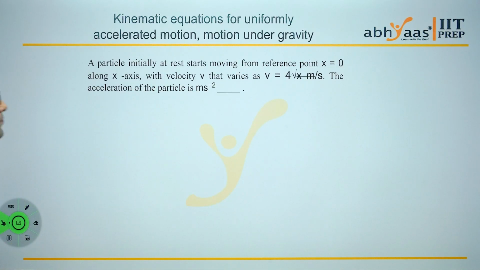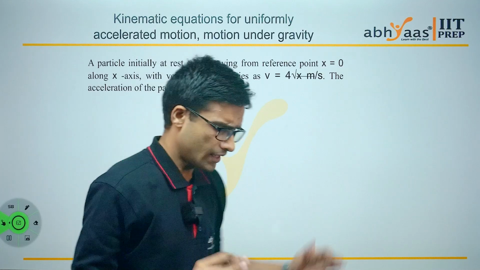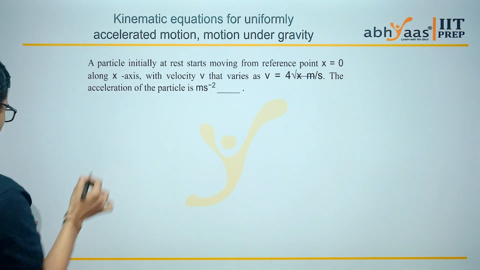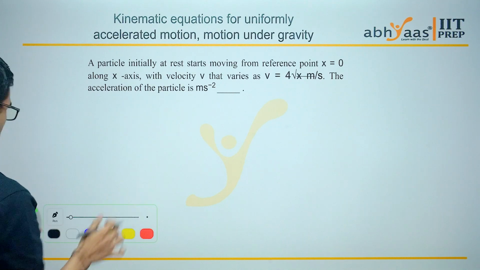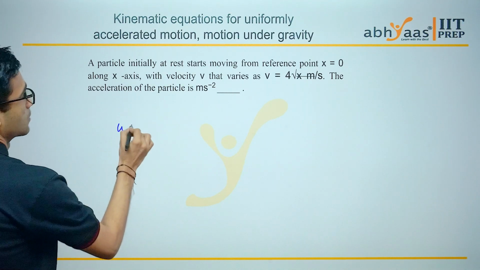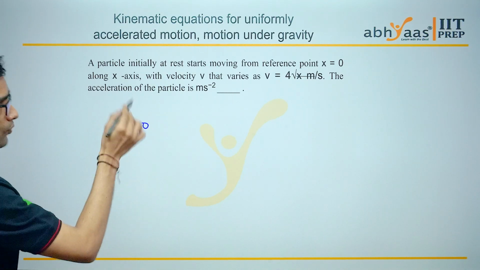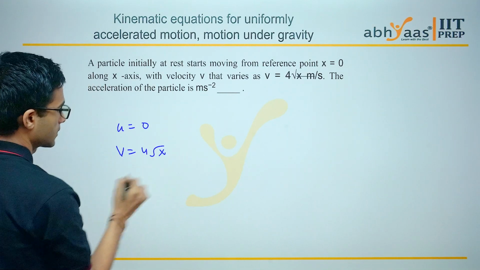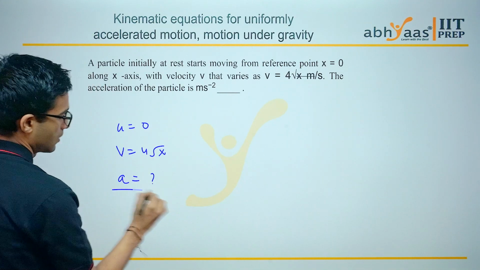Next one: a particle is initially starting from rest. Here, initially starting from rest means what do you get? u is equal to 0. That is clearly given. So velocity v is equal to what? 4 root x. Acceleration you want.